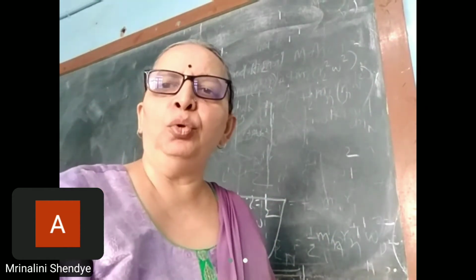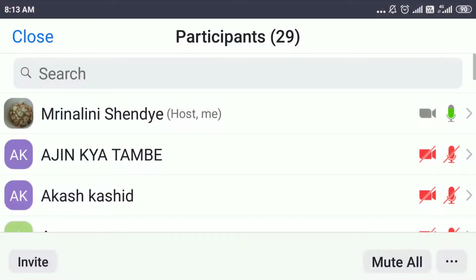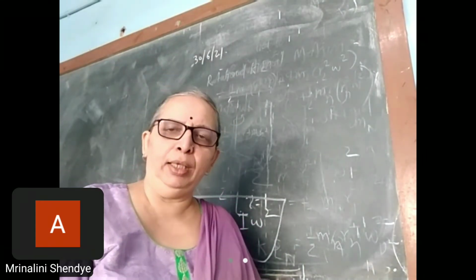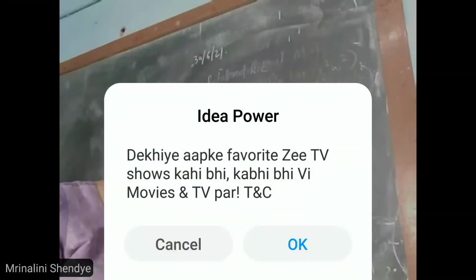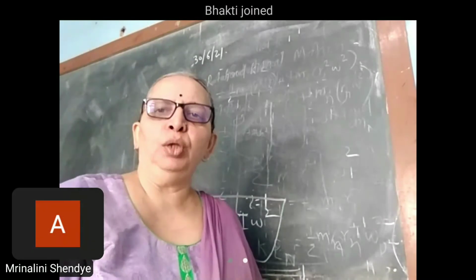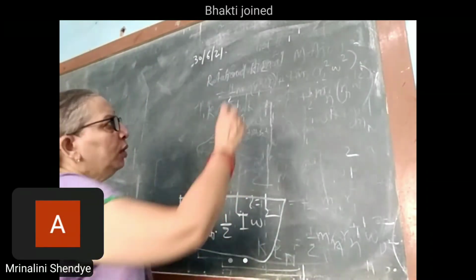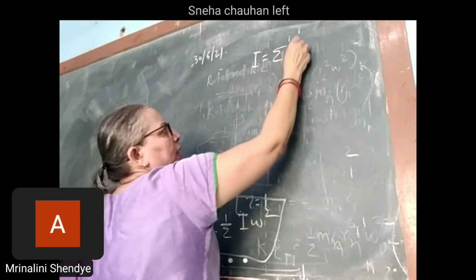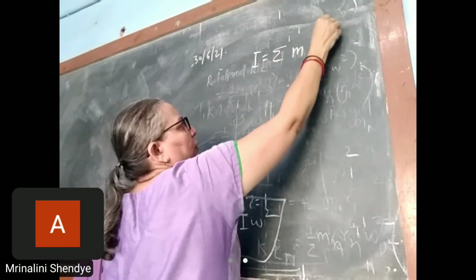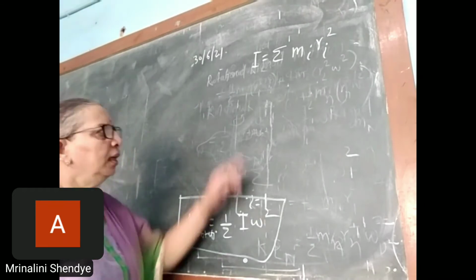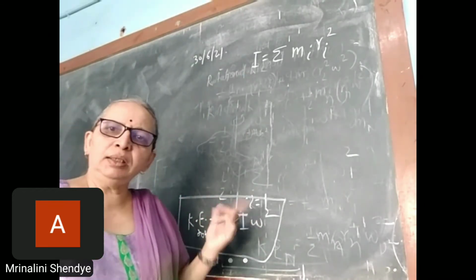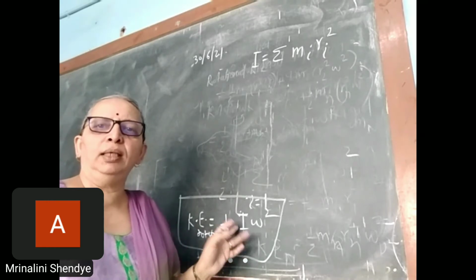You have to note it down in your notebook. आप लोगों को नोटबुक में ये सब कॉपी करना है, नहीं तो आप लोगों को ये क्वेश्चन बाद में लिखना है. So remember this. So if you consider I, we have replaced summation mi ri square by the symbol I. So this is the first expression. So this is the introduction for I.